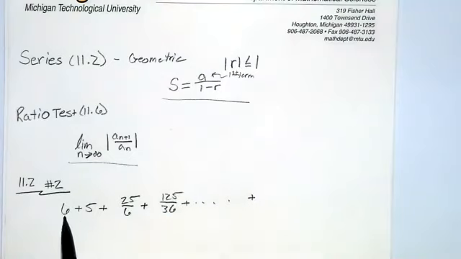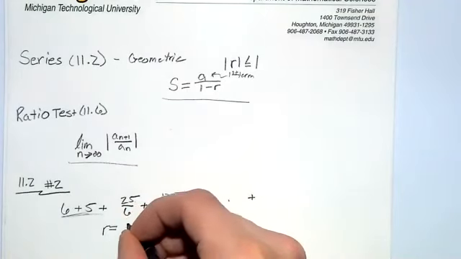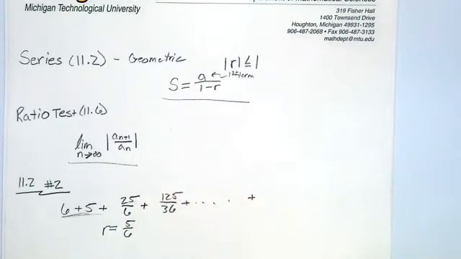We look at these first two numbers and it's hard to tell what we have going on with the ratio. So I say, okay, let's take a look at the next two numbers and see what we have going on. If we look at 25 over 6 and this 125 over 36, if we divide 125 by 25, we have a 5, and 36 by 6 is a 6. So let's say our ratio is 5/6.